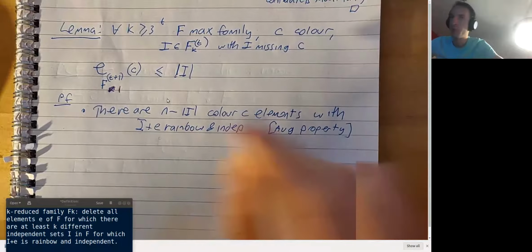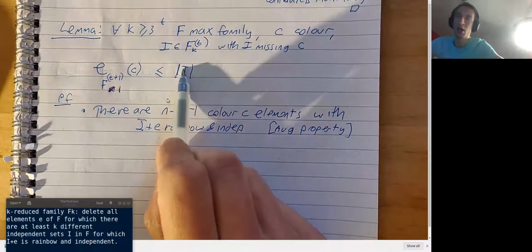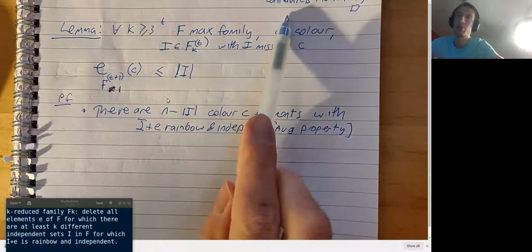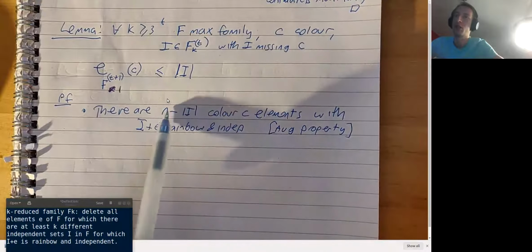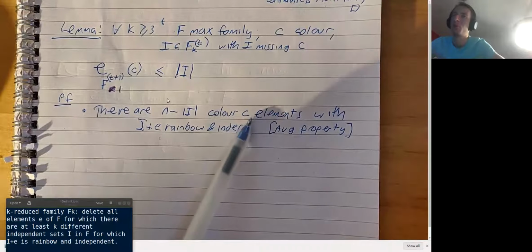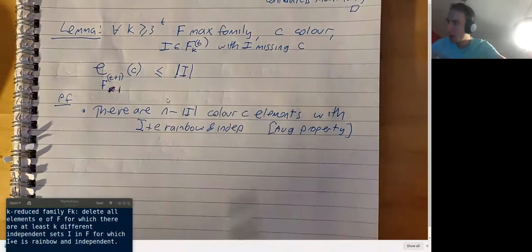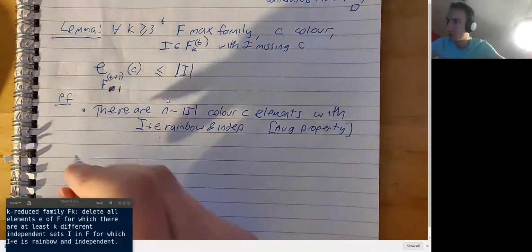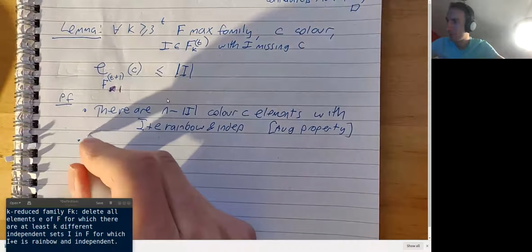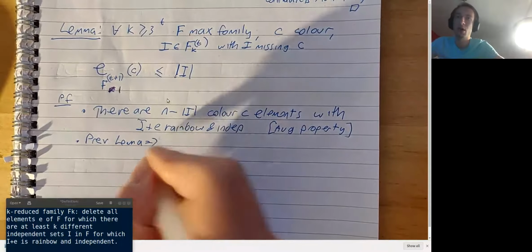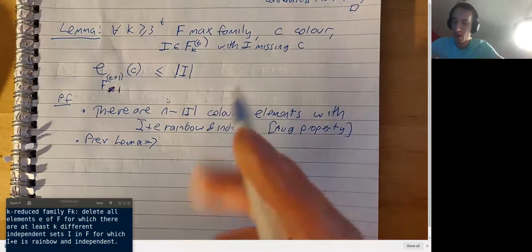So if you have an independent set of this size, remember the missing color, in the missing color you have n elements. So the difference of that is the number of elements you can move from the missing color to this independent set. And what the previous lemma tells us is that all of these elements have to actually occur in the maximum family.